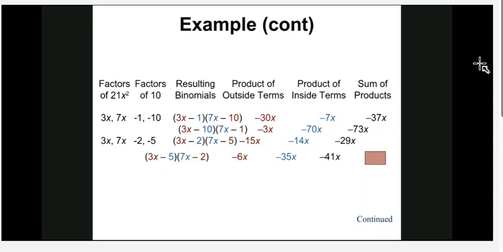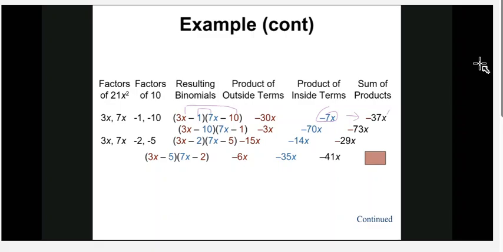I have a -1 and -10. So if I put a -1 in the front, -10 in the second one, I multiply these two, I got -7x. I multiply the outer, I got -30x. So these add up together equal to -37x.